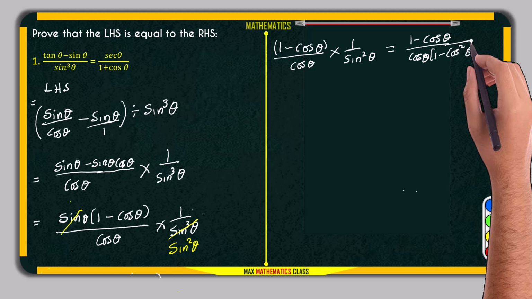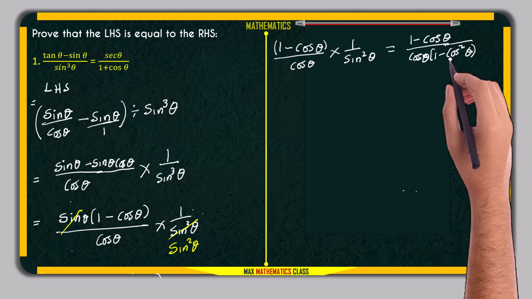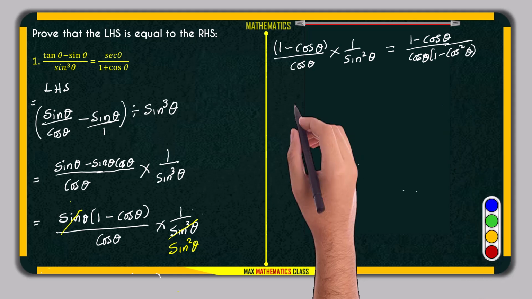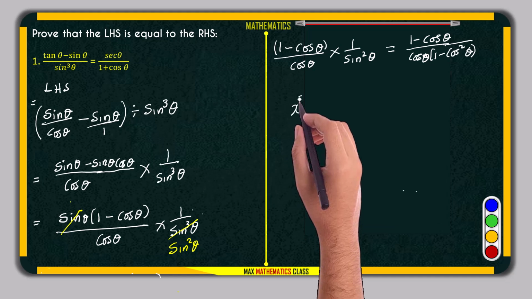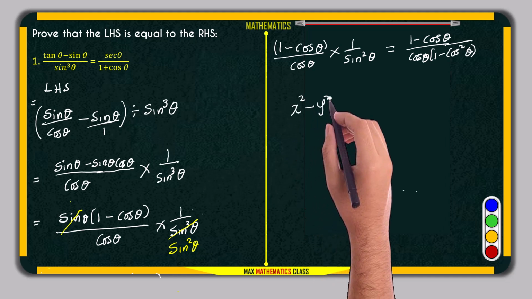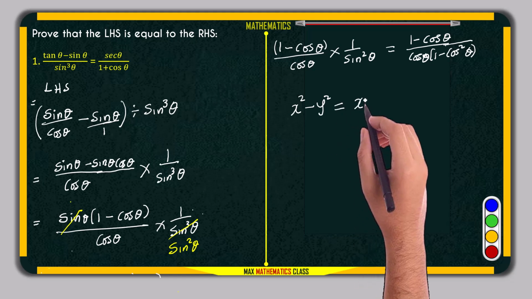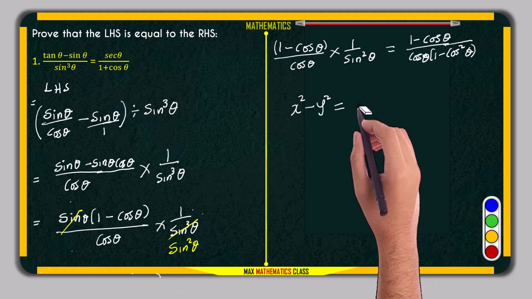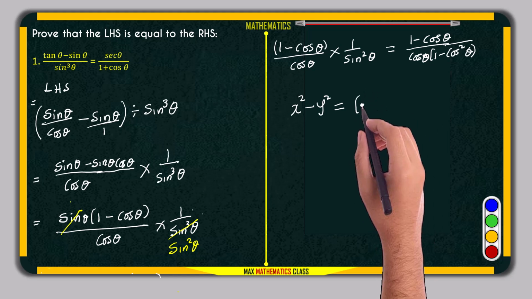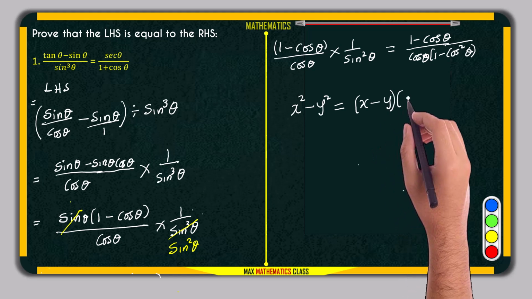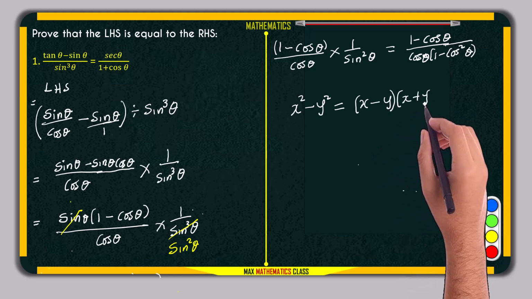So after this, we are going to expand this, because one of the algebraic identities is if you have x squared minus y squared, it will be equal to x minus y times x plus y.